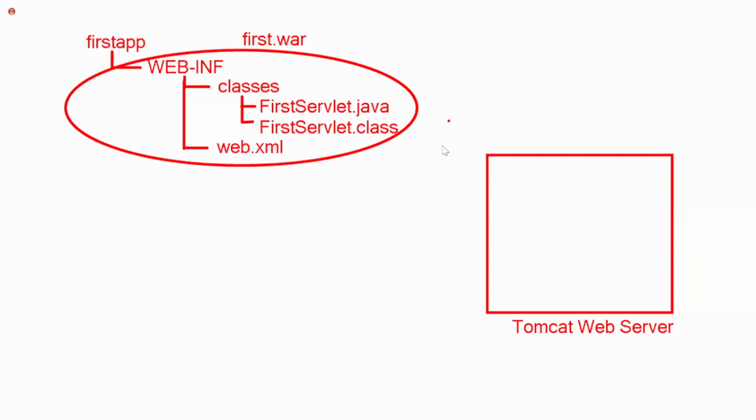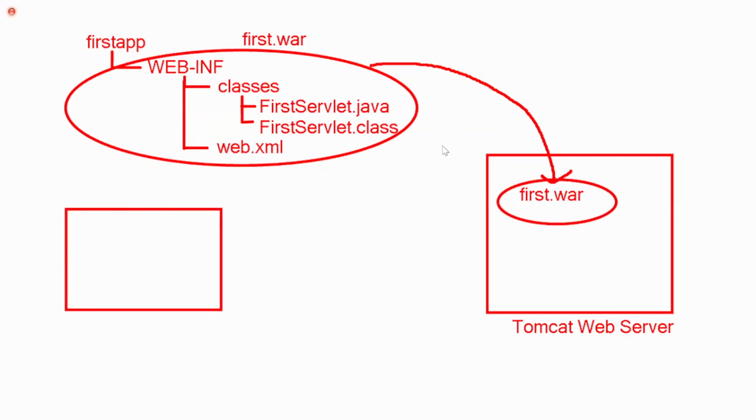Now we have to start the server. This application we have to deploy on the server. Then first.war is deployed. First.war file deployed. After that, we have to open the browser.